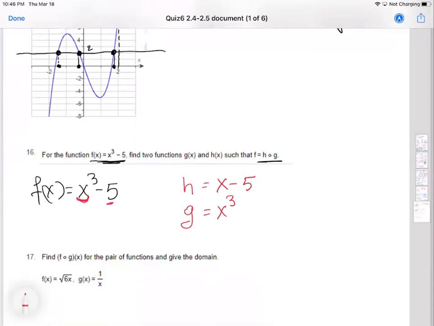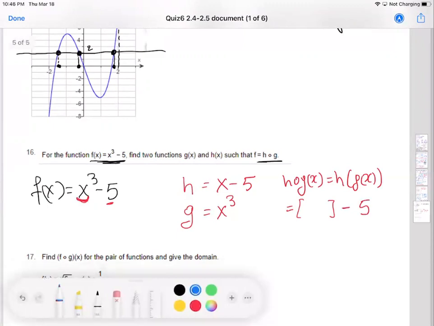Let's check this real quick. h composed with g of x equals h of g of x, which equals, we start with h and we keep the place value. So instead of x, we're going to input g of x. What is g of x? x to the third.